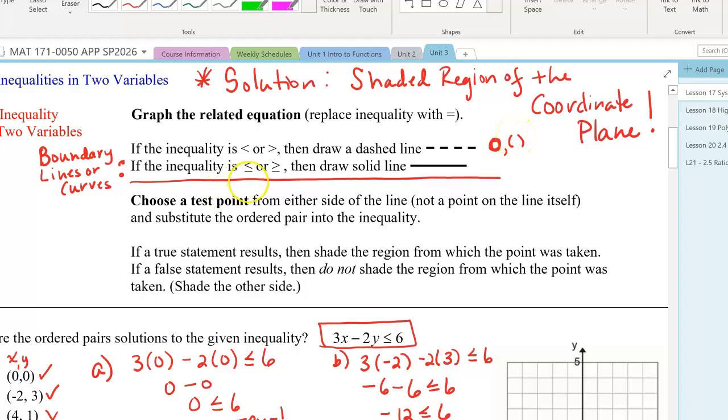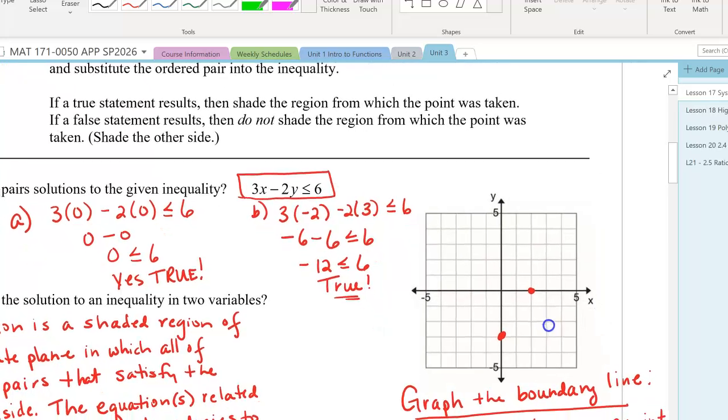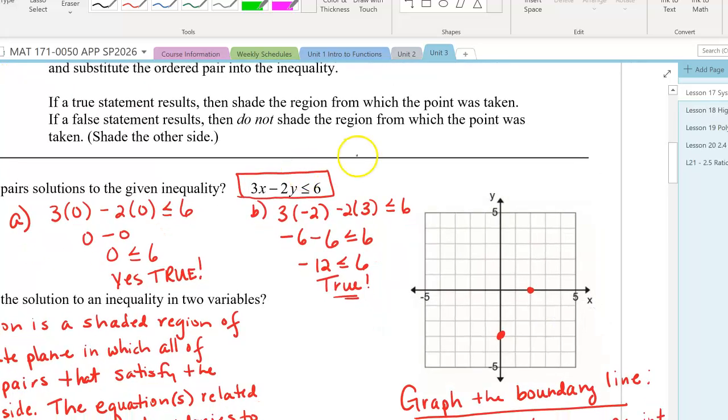And if the inequality has the equals to, so it's less than or equal to or greater than or equal to, then we will draw it with a solid line, kind of like we do a filled-in circle on a number line, or like we use brackets in interval notation. So this inequality contains the equals to, so we're going to graph with a solid line.